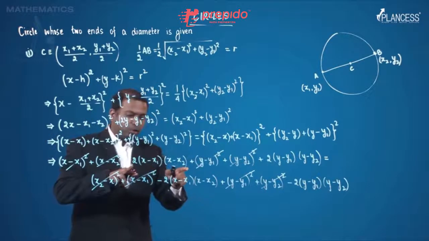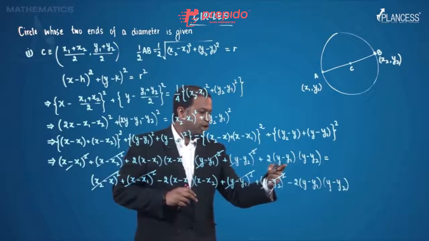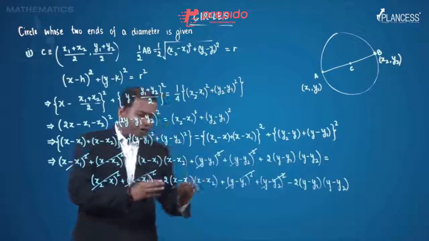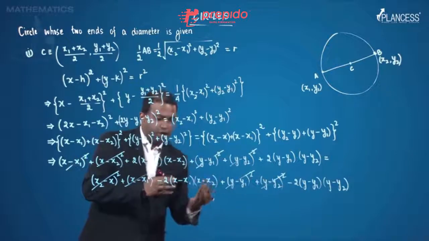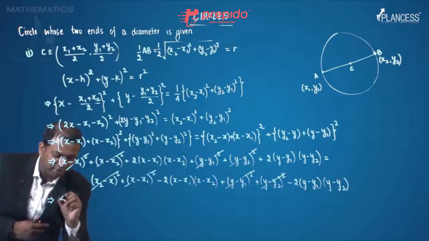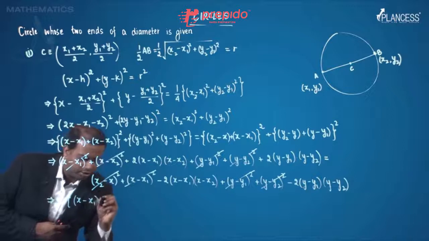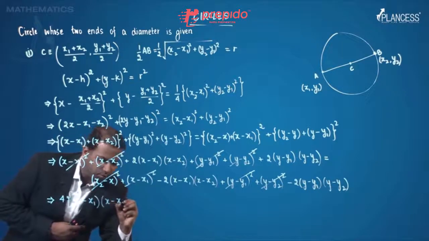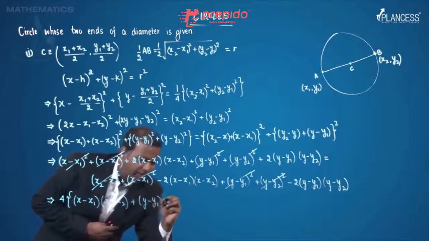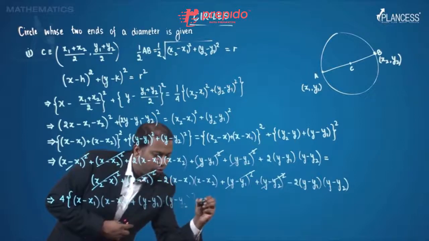is 2(x − x1)(x − x2) + 2(y − y1)(y − y2) on the left, and on the right side we have the same term only with a minus sign. So if we shift all of this to the left, what we are left with is nothing but 4 times [(x − x1)(x − x2) + (y − y1)(y − y2)] equal to 0.